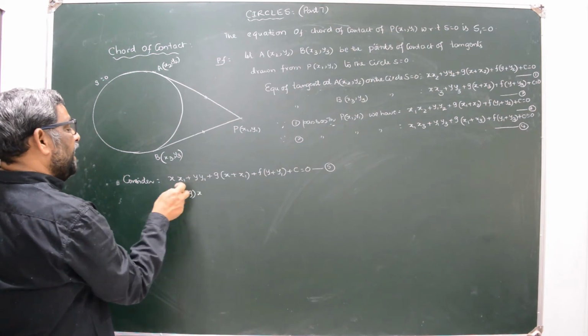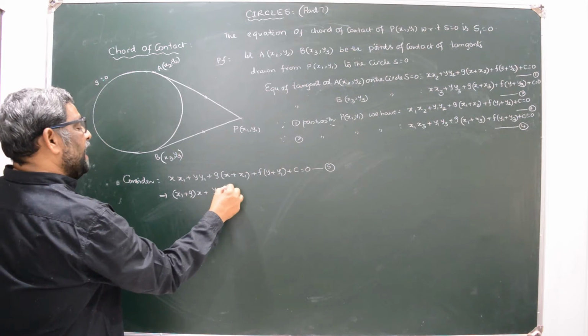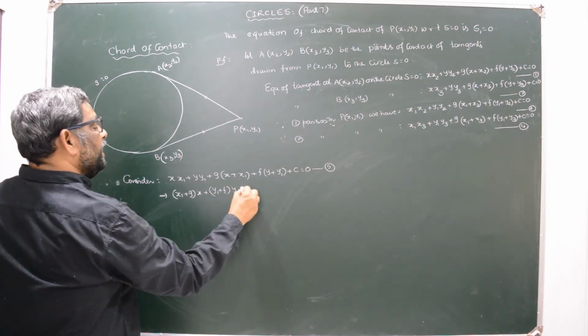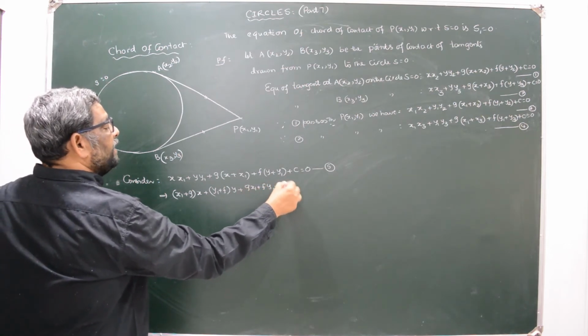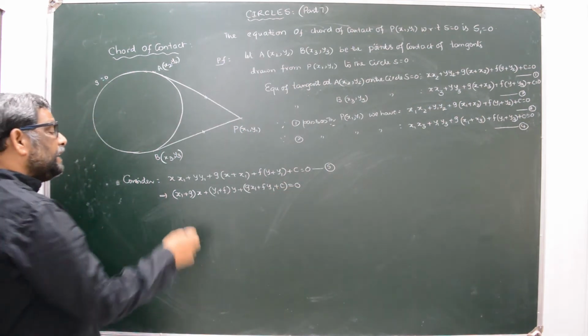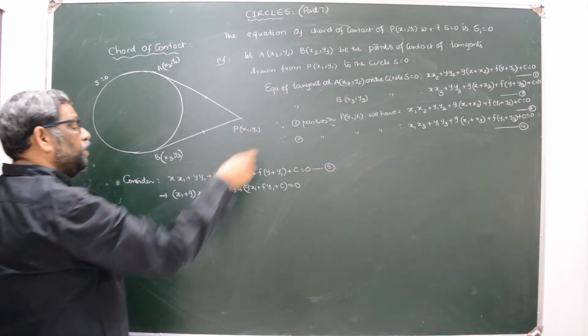I am taking the x terms at one place: (x1 plus g) into x, plus (y1 plus f) into y, plus gx1 plus fy1 plus c is equal to 0. It is nothing but it is in the form of ax plus by plus c equal to 0.